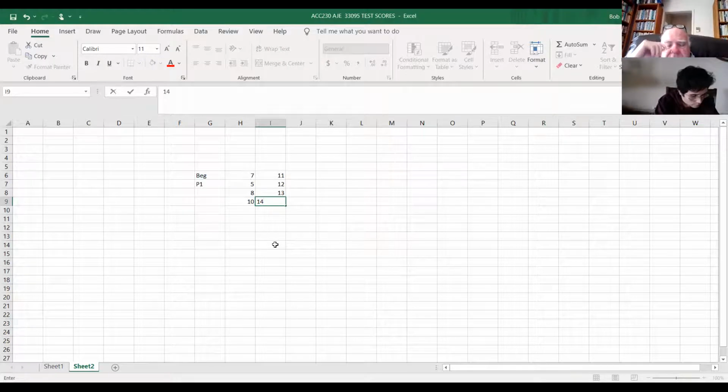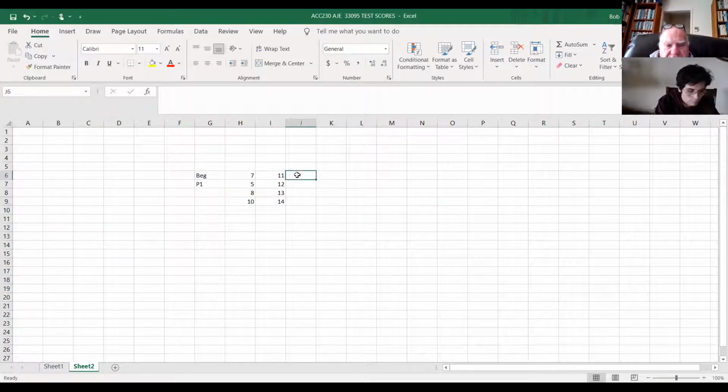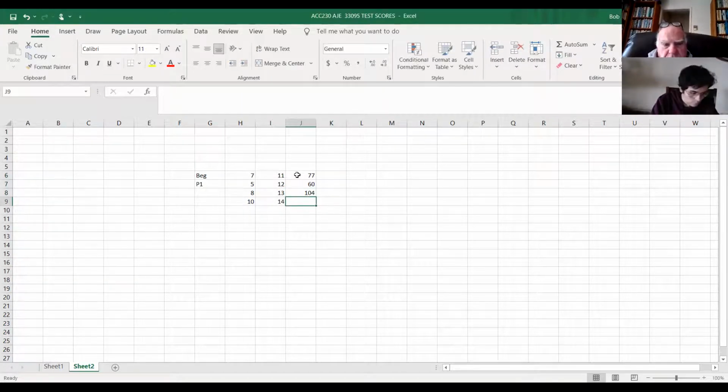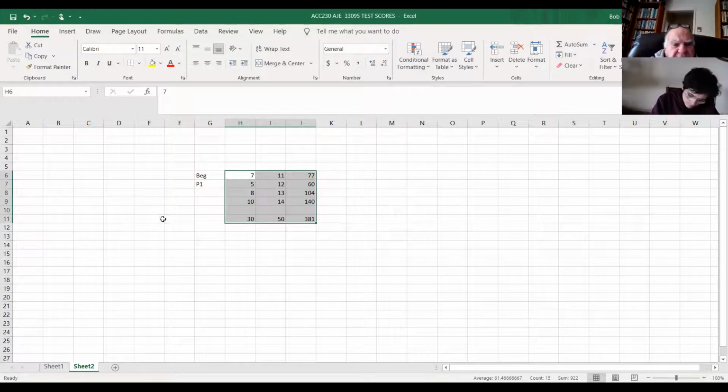What I'm trying to say is, here's how we're going to figure the problem out. We're going to say that there was 77 here, 60, this 104, 140. If you take the beginning inventory, Miguel, like I'm doing here, this will give you what's available.